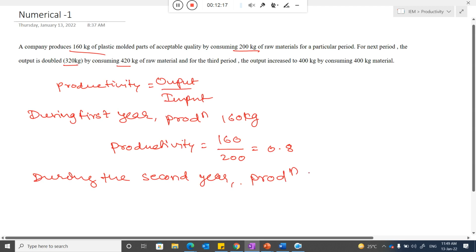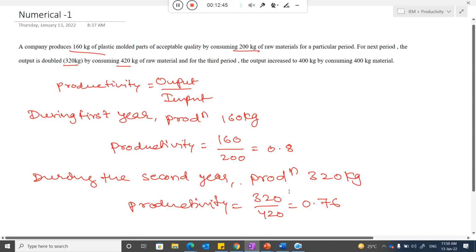So 320 kg is the production of that plant, and the productivity is equal to output 320 divided by 420. Can you quickly calculate? 0.76.